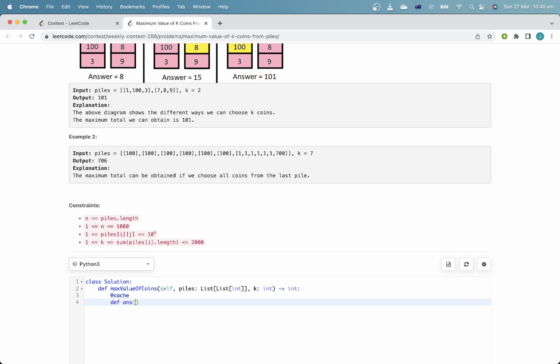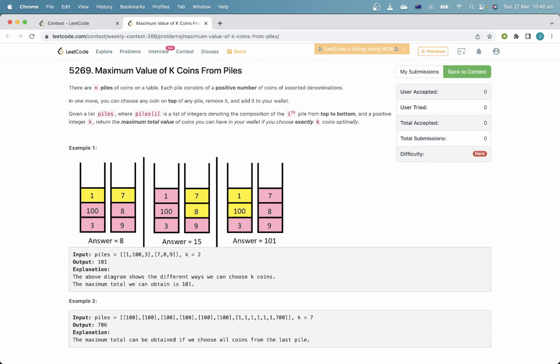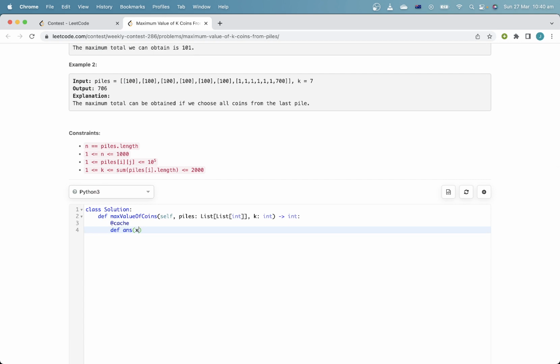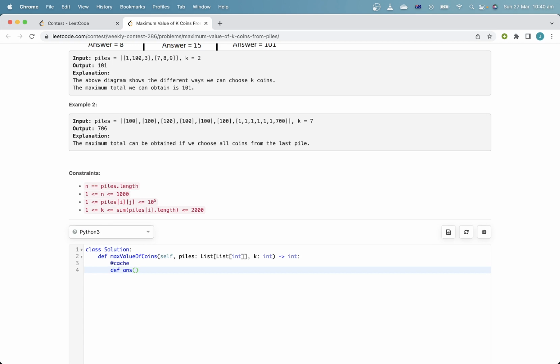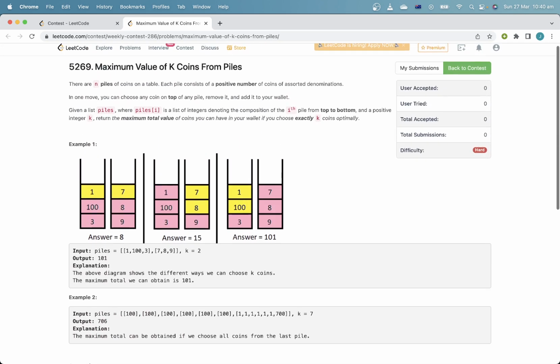Okay. Exactly K. Oh, I didn't see that. Okay. So if the pile is less than 0, k equals 0, return 0. Otherwise, we're going to return negative infinity.